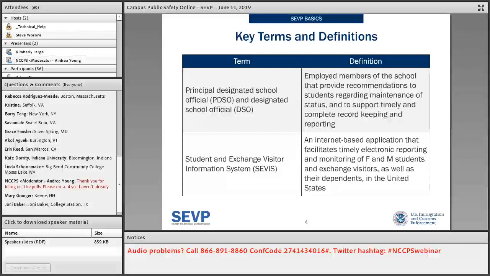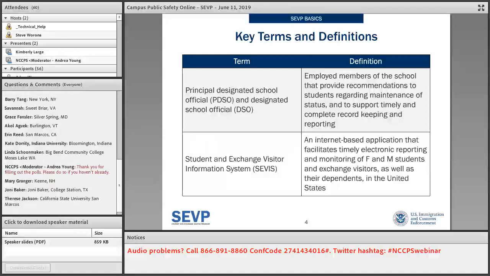So let's first go over some key terms. First term that I want to talk to you about is the Principal Designated School Official and the Designated School Official. These are members of the school that have been approved by SEVP, or the Student and Exchange Visitors Program, to have direct access to SEVIS, which is our database.